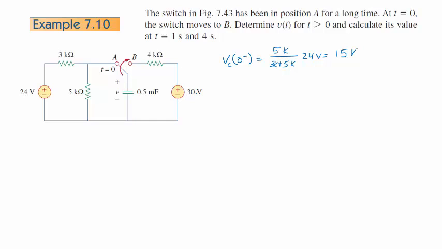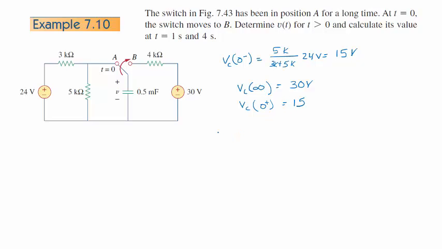So what do we know about this part of the circuit? We know that V in the capacitor at infinity is going to be this maximum value right there, so it's going to be 30 volts. And we also know that V in the capacitor at our initial conditions time, just after the switch closes, is 15 volts.